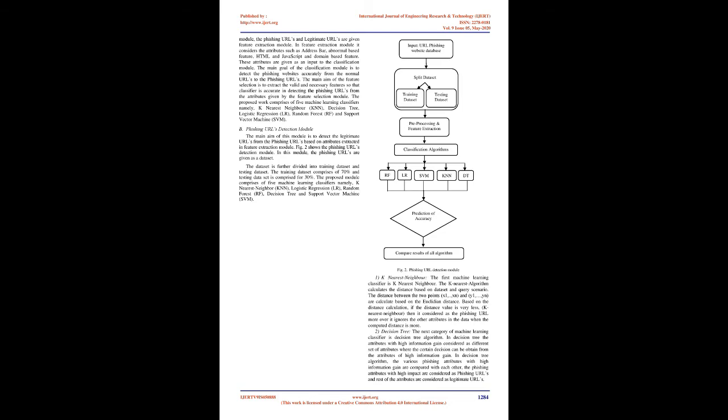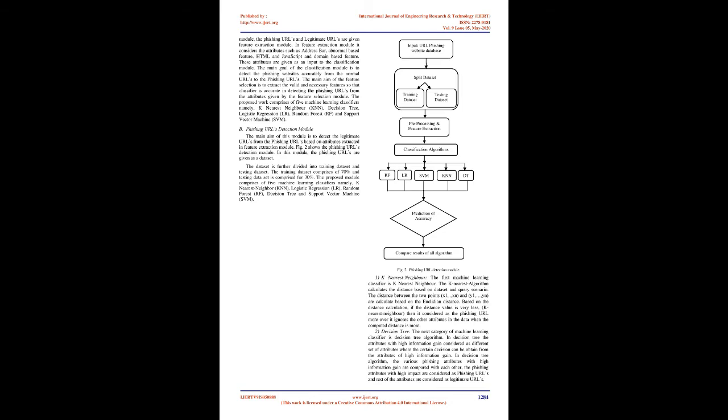In the data collection module, two types of URLs are considered, one is phishing URLs and the other is legitimate URLs. From the data collection module, the phishing URLs and legitimate URLs are given to the feature extraction module. In the feature extraction module, it considers attributes such as address bar, abnormal-based feature, HTML and JavaScript, and domain-based feature.